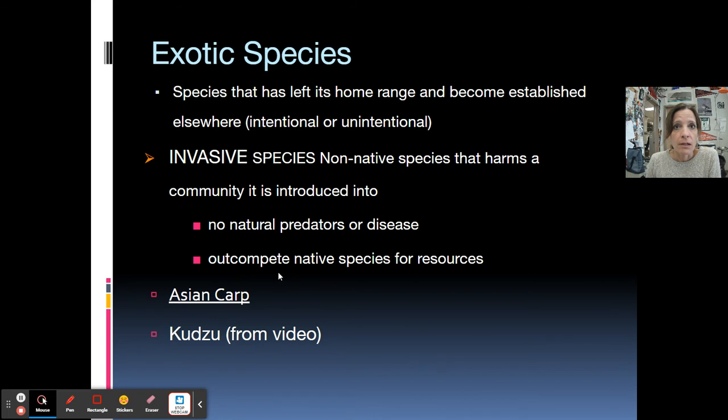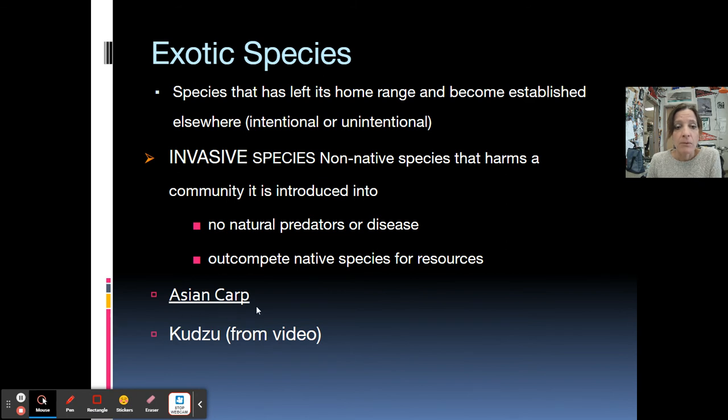They also are often better competitors for the resources, and so they're able to outcompete the native species. They also, a lot of them reproduce really quickly, and so they would be kind of like the r-selected species we talked about before, and they would be able to reproduce really fast.